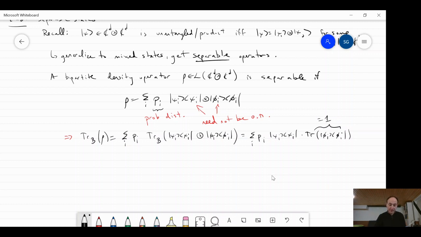Okay, so let me just make a side note. If you want to figure out whether or not a rho AB is product, i.e. rho AB equals rho A tensor rho B, this is easy in the sense that it's in P. It's essentially in polynomial time.